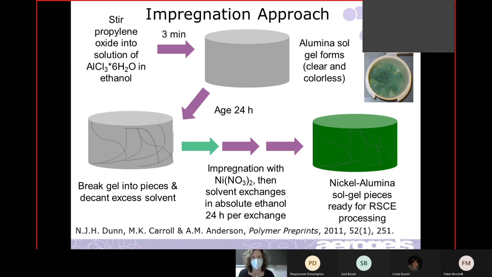I'm saying so with the places that were still available for reaction. So where aging would have still been occurring, we're now introducing another chemical species. What we end up with are pieces of nickel alumina aerogel that we can process.